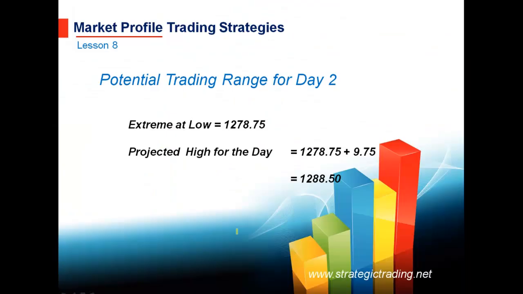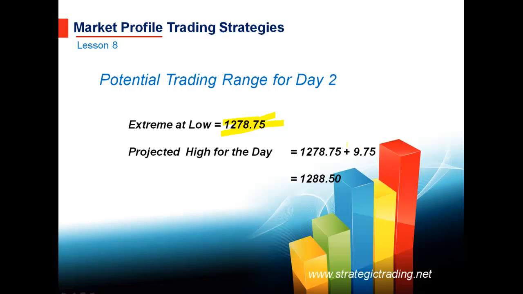All right, now, more importantly, what I want to identify is what is the potential trading range for day 2. For day 1, we were able to calculate it, and it was 9.75. Now, what is the actual potential range for day 2? Well, we begin with the extreme that we just identified, which is 1278.75, the low that we have determined.